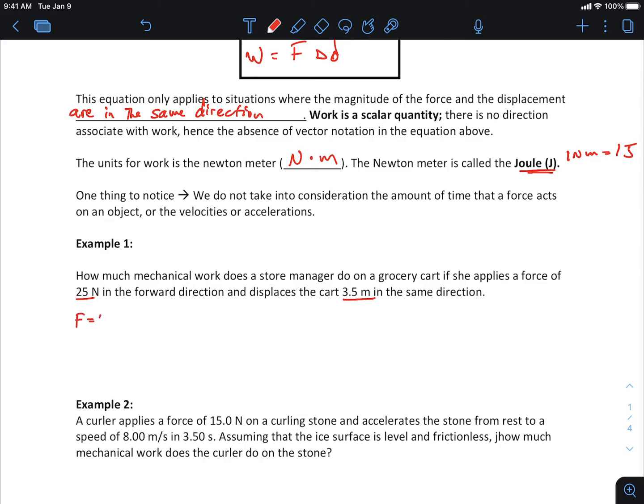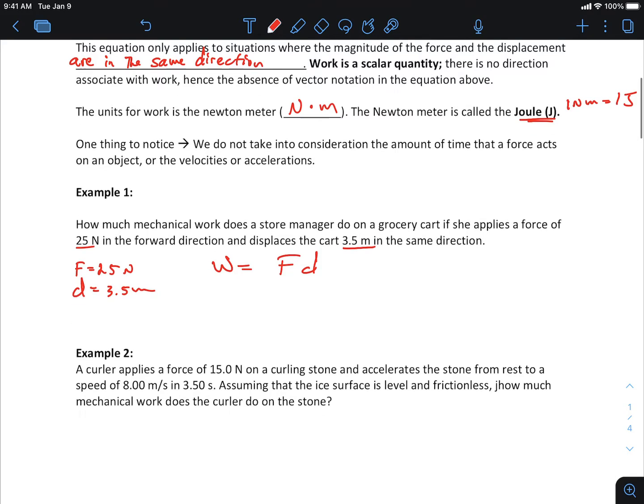We know that the force is equal to 25 newtons and that the displacement is 3.5 meters. Work tells us that we take the force and multiply by the distance or displacement. We just plug in the numbers. 25 newtons multiplied by 3.5 meters is going to equal 88.